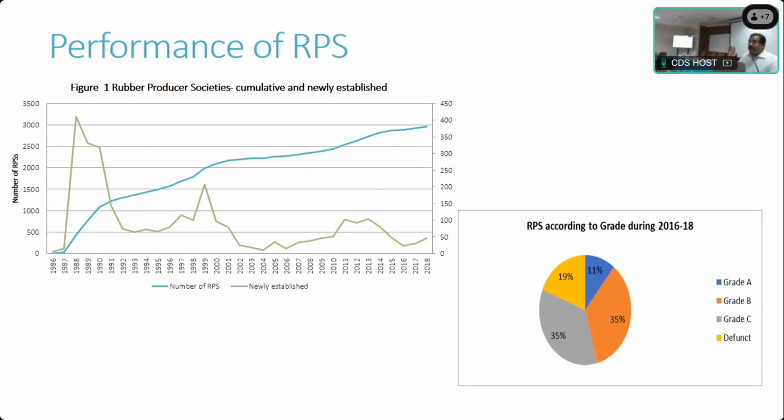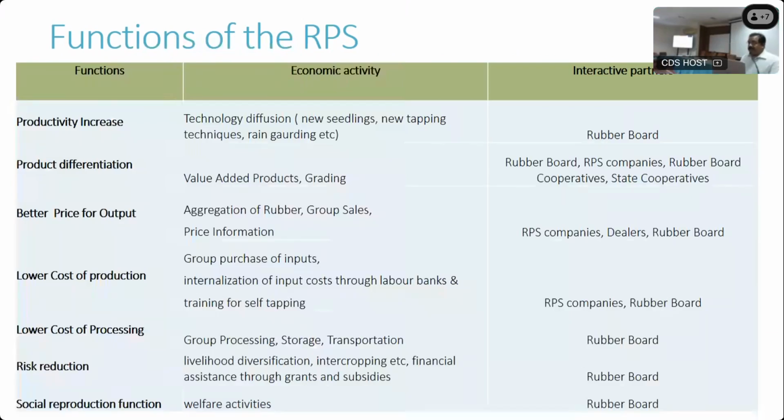Now, given the functions that the rubber producer societies are supposed to follow, we can divide the functions into the following activities: productivity increase for the farmer, product differentiation for the farmer, getting a better price for the farmer, reducing the cost of production for the farmer, reducing the cost of processing for the farmer, reducing risks for the farmer, and then socially productive functions.